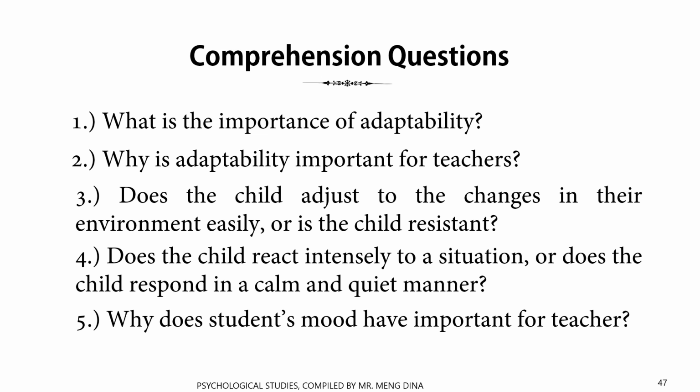Number 2, why is adaptability important for teachers? Number 3, does the child adjust to change in their environment easily, or is the child resistant? Number 4, does the child react intensely to a situation, or does the child respond in a calm and quiet manner? Last one, number 5, why is mood important for teachers?